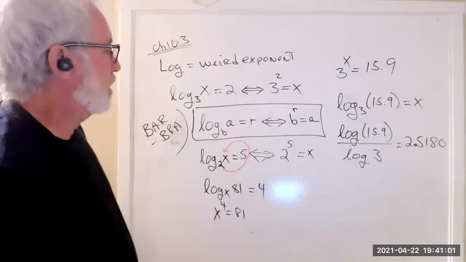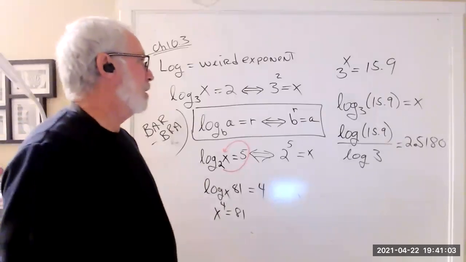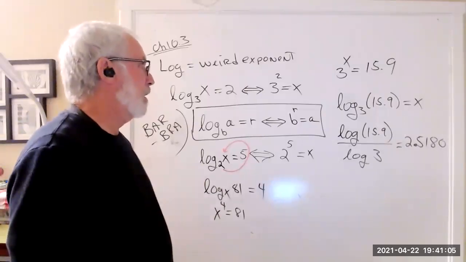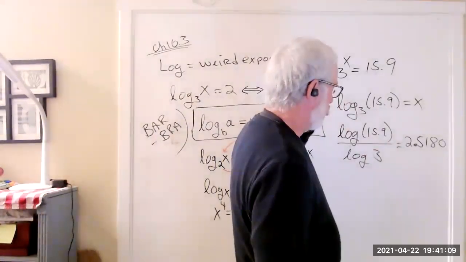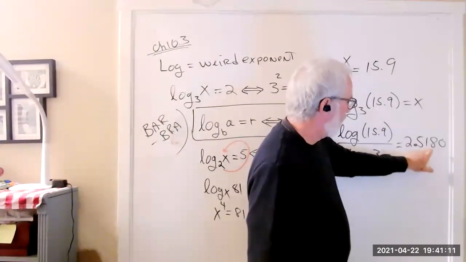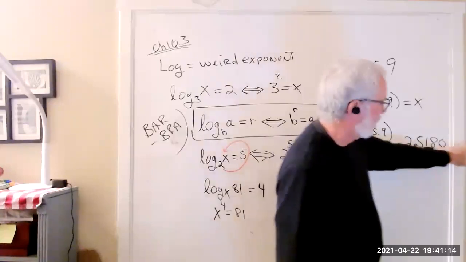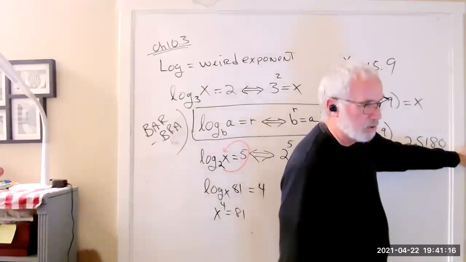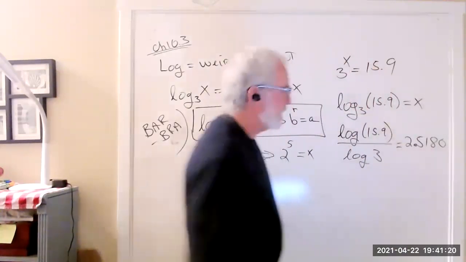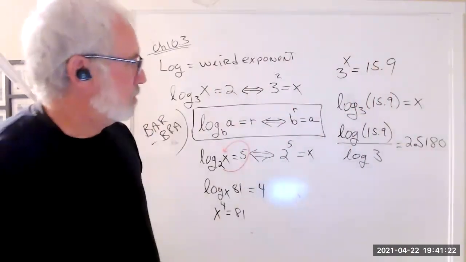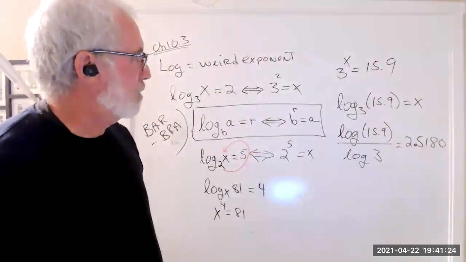I tried to plug that back into the 3 to the x equals 15.9, but it didn't come out the way I wanted it to. Did you plug in 5.180 or did you plug in the whole decimal? I just did 3 to the answer and then did that. And it didn't come up? It's 159 over 10.